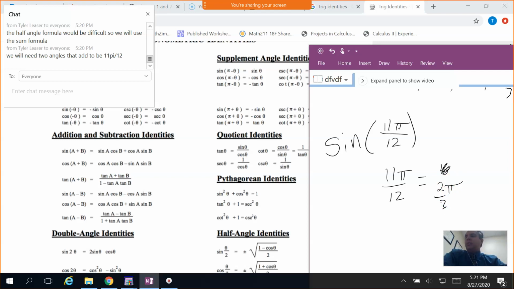And then we need 3 pi over 12, which is pi over 4. Is pi over 4? Does that work? Maybe? So that's 8 pi over 12 and 3 pi over 12.